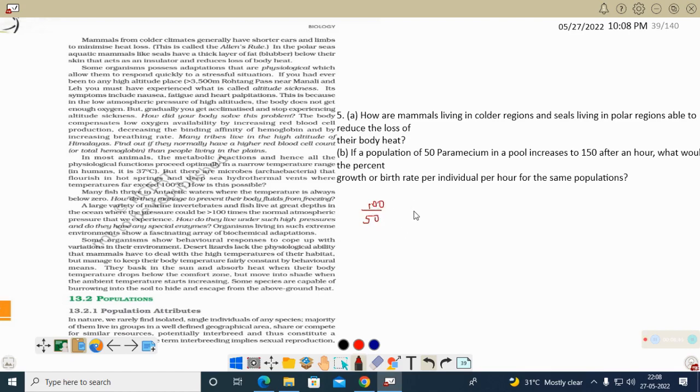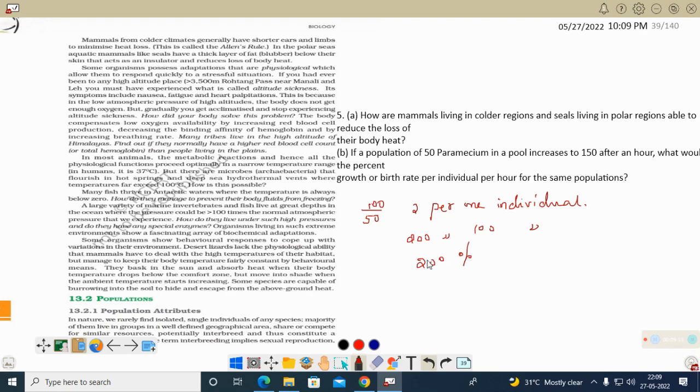So per individual, 2 progenies are produced, 2 per 1 individual. They asked the percentage, so we have to see how much per 100 individuals. 2 per 1 individual means 200 per 100 individuals. So 200 percent is the correct answer.